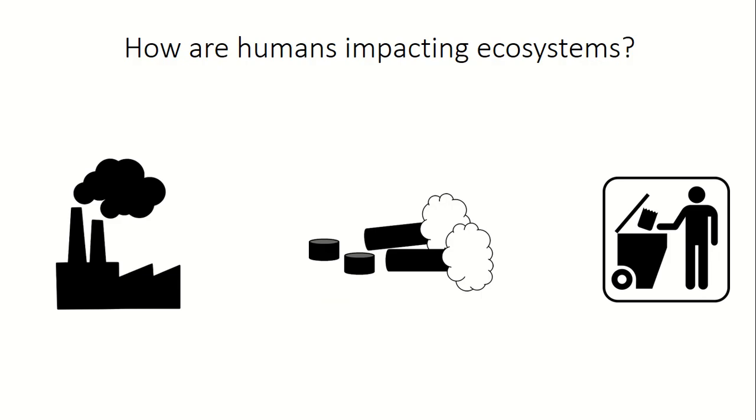And then we kind of moved on to this idea that humans were also impacting ecosystems. So, as humans, we are having a huge impact on the world, and in particular, we are causing some pretty major problems for the world's ecosystems. And there are three things we looked at. The first image down here is about factories and pollution.